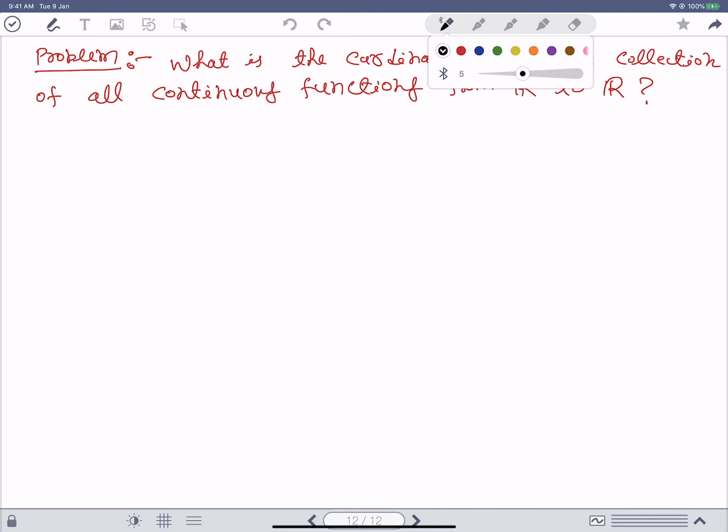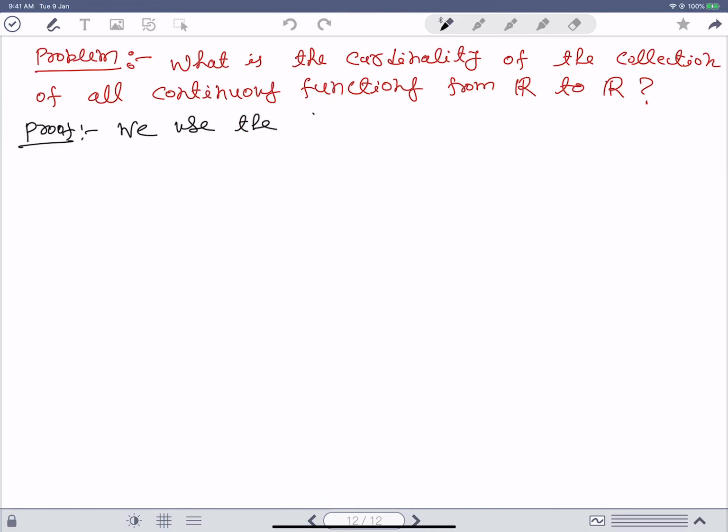Okay, so here is the proof. Here we use the fact that the cardinality of R is the same as 2 to the power cardinality of N, and the cardinality of Q, that is the set of rational numbers, is the same as the cardinality of N, and it is the same as the cardinality of N product N.